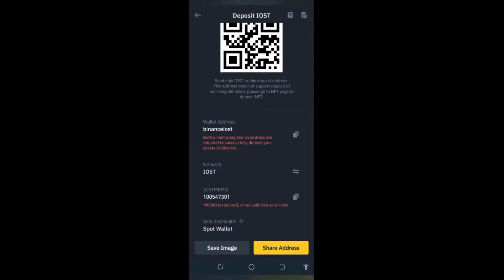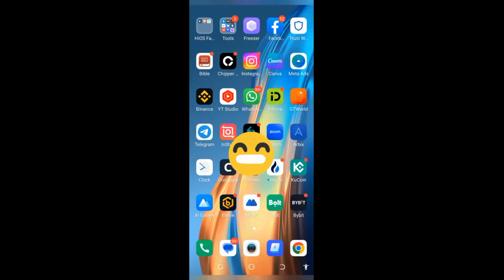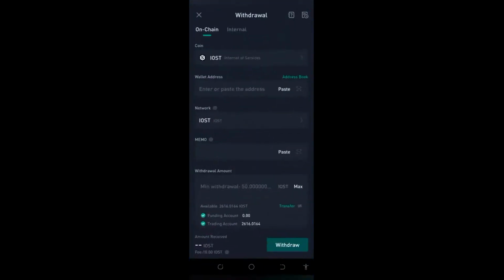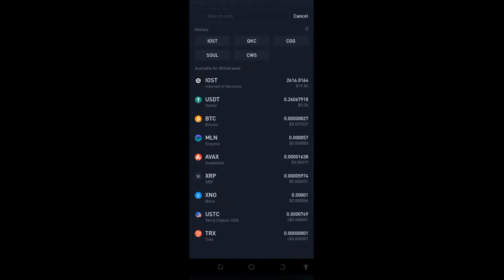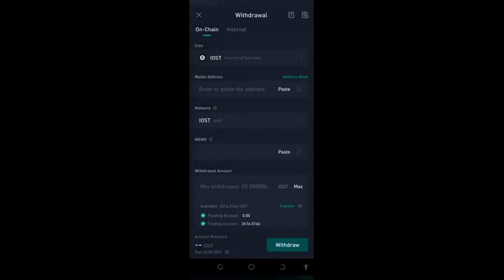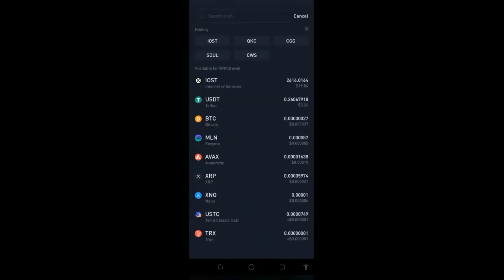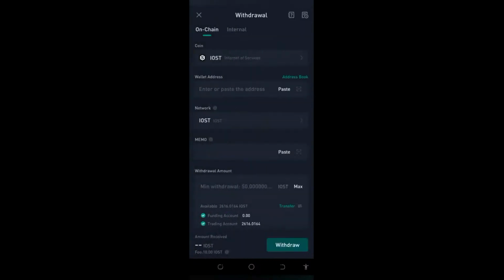Wallet address. It says Binance IOST. That's interesting. Well, I think I still copied the right thing. I don't know why it's looking like that. I think it was just looking funny to me. Of course, if it was wrong, it wouldn't allow me to paste it. Okay, it looks like it's right.